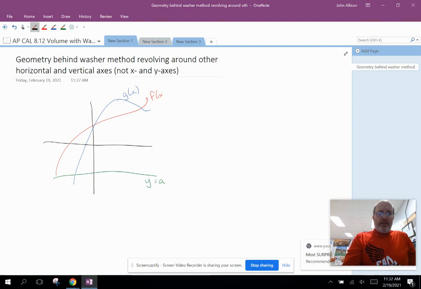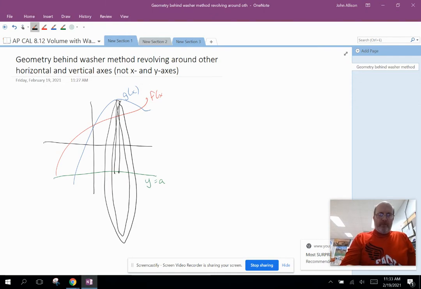We can approach this the same way we did. We can look at this as generating one large disk that is this distance, and then we can take out of that one smaller disk.